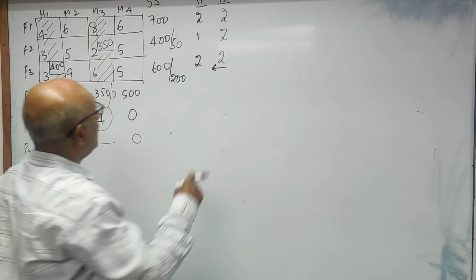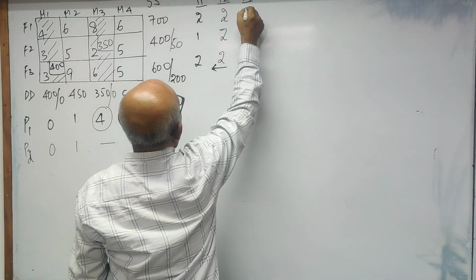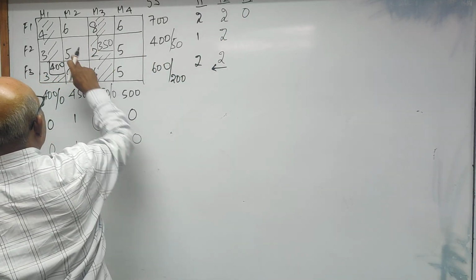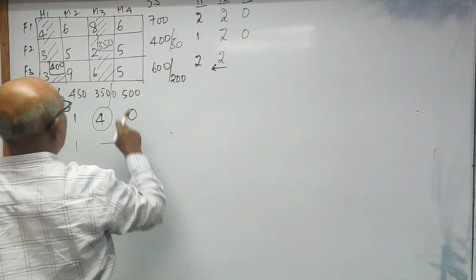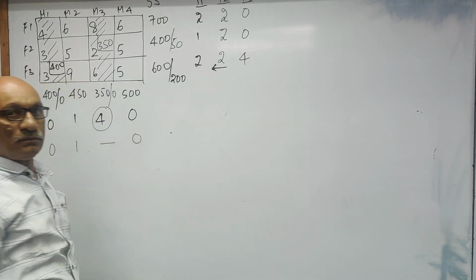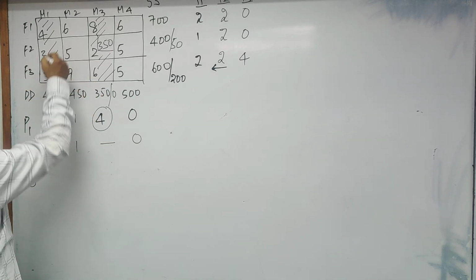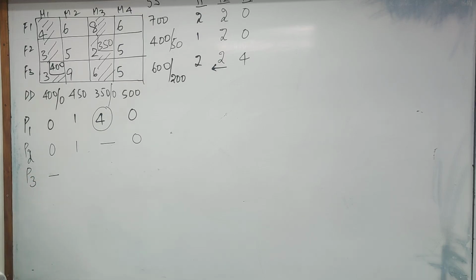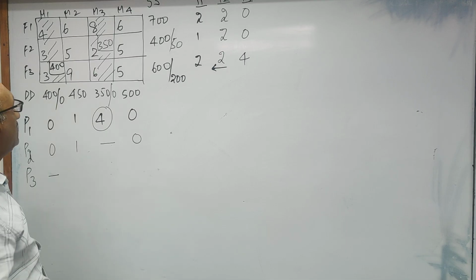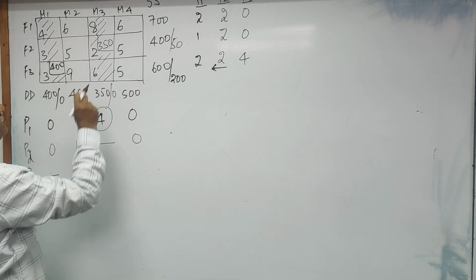Next, calculate penalty 3. First row 6 and 6 difference is 0. Second row 5 and 5 difference is 0. Third row 5 and 9 difference is 4. Penalty column wise, first market requirement is fully satisfied, penalty not required. 5 and 6 difference is 1.